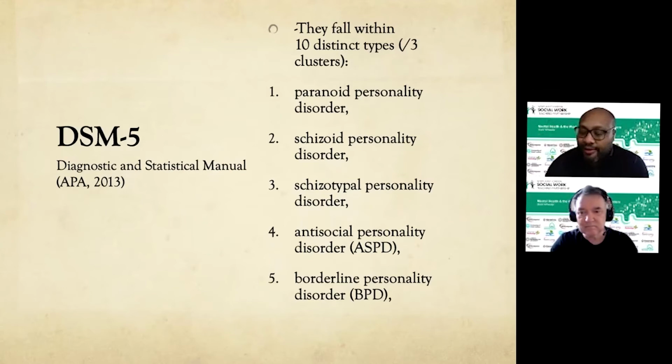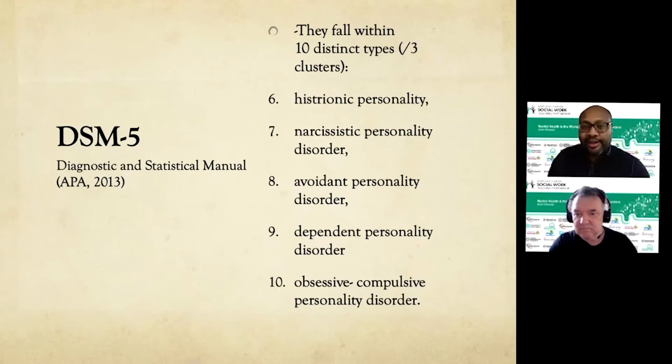You may have heard of some of these, may have heard of all of these. These are in the DSM, the diagnoses of personality disorder that people can have. There's also histrionic personality disorder, narcissistic personality disorder, avoidant, dependent, and obsessive compulsive.